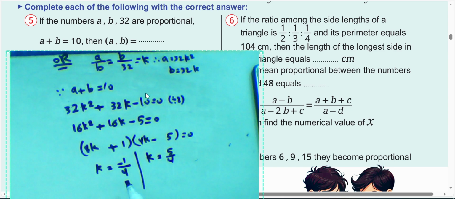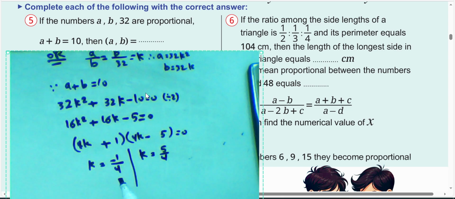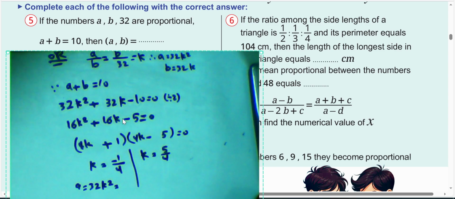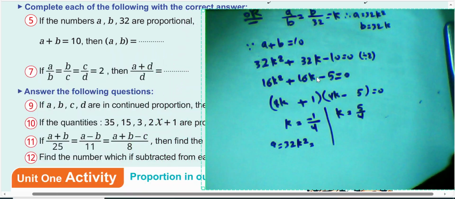Then we can find the value of a. The first method: a will be 32k squared. Pay attention, I will complete here.